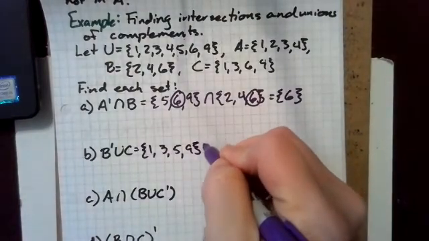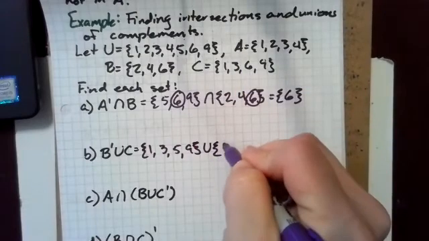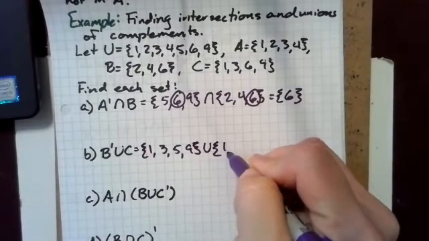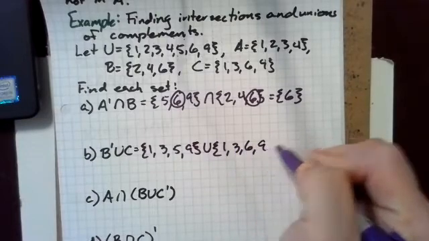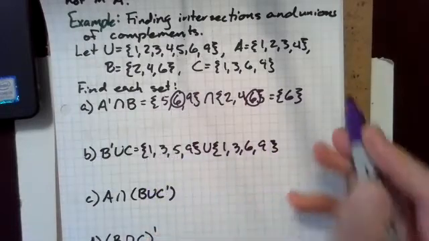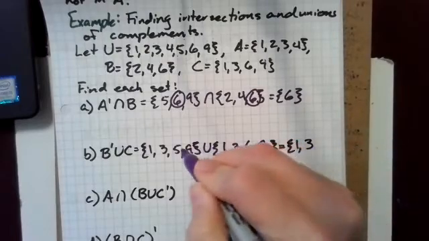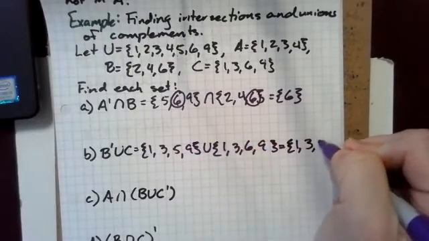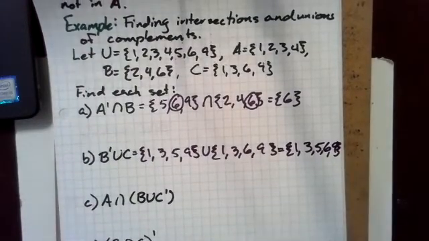And we're going to take the union of that with C, which contains 1, 3, 6, and 9. So both of these sets contain 1, 3, and 9, but one contains 5 and the other contains 6. So the set is the set that contains 1, 3, 5, 6, and 9.